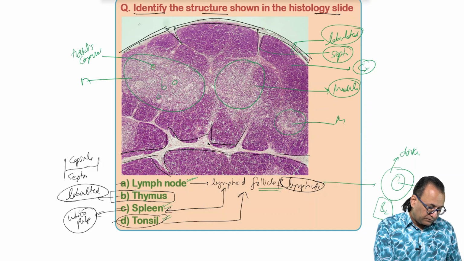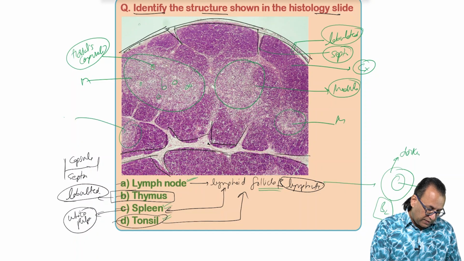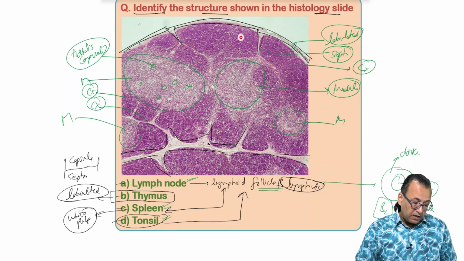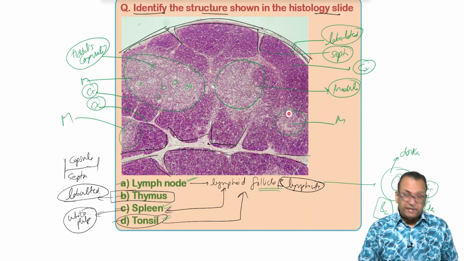I'll show you the enlarged diagram also, Hassall's corpuscles in the medulla. Outside, the darker area is cortex, inside is medulla. If you see multiple lobules with darker, lighter, cortex, medulla appearance, then it is thymus.